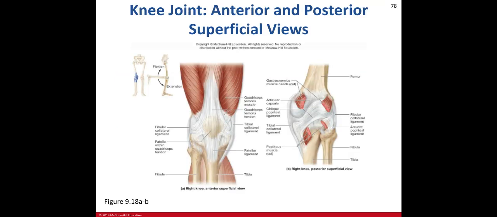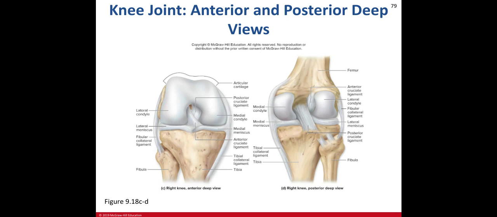Okay, so it's mostly allowing for flexion and extension, but of course, we do have a little bit of gliding as well. And the knee, we know, has a lot of ligaments attached to it, keeping it stable, but allowing for these motions.